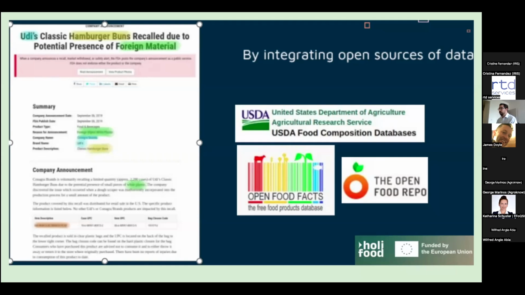So we need to employ some other techniques to identify the specific entities. And of course, by integrating open source data like USDA and the others that you can see in this slide.